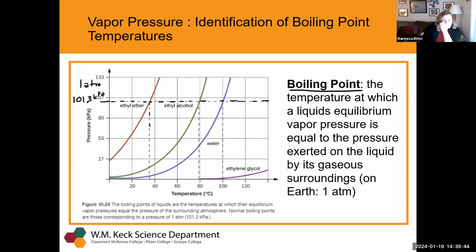So ethyl ether's boiling point is close to maybe 35 degrees Celsius. Water's boiling point is 100 degrees Celsius, which you might remember. Ethyl alcohol has a boiling point of around 80 degrees Celsius. We can use vapor pressure to help us determine a boiling point at a particular pressure, which on Earth is 1 atm.